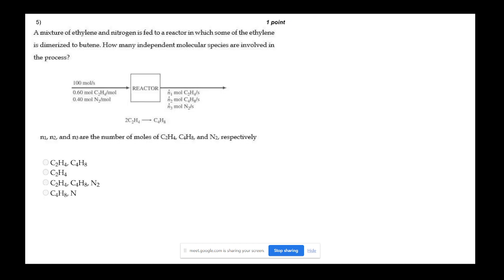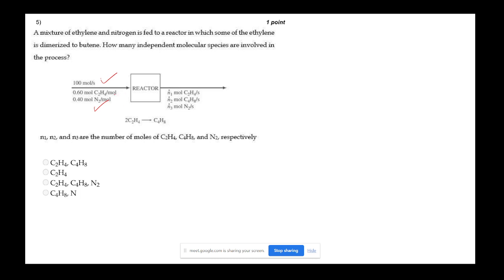Next: a mixture of ethylene and nitrogen is fed to a reactor in which some of the ethylene is dimerized to butene. How many independent molecular species are involved in the process? You just need to check which molecular species are involved. C2H4, or ethylene, is fed along with nitrogen. It can be an inert or purging agent, or whatever its use is.